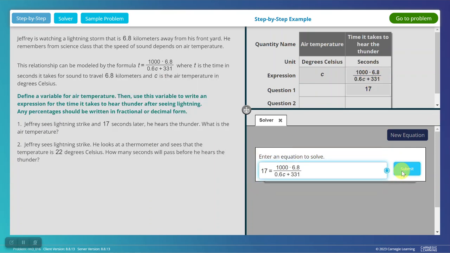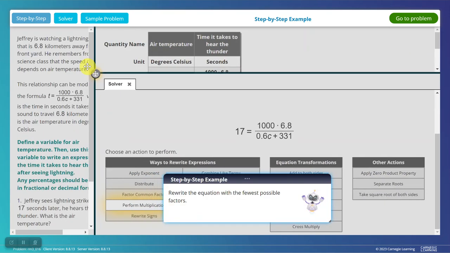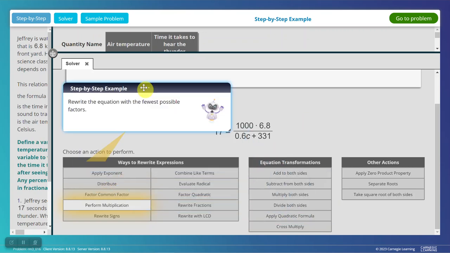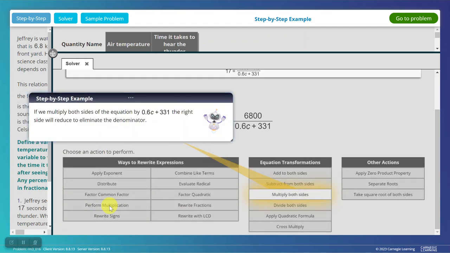So just like with the other one that we just did, we've got to get rid of this denominator. Let's go ahead and maximize this. So we're going to multiply both sides. It says, rewrite the equation with the fewest possible factors. Okay. So let's multiply both sides by that denominator.